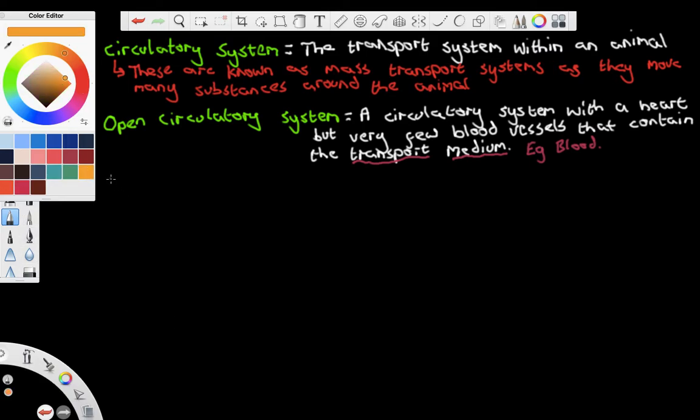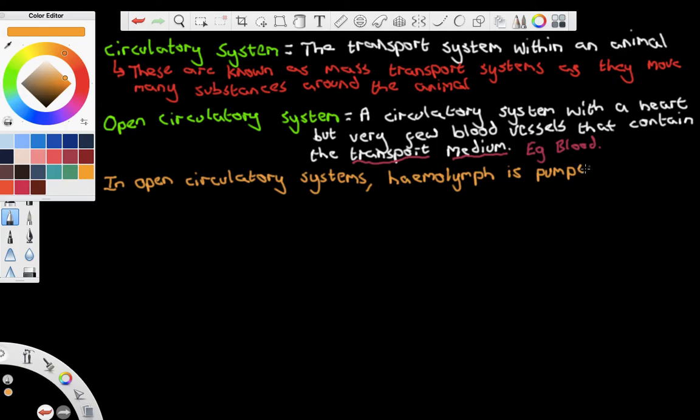So we can say that in open circulatory systems, hemolymph, H-A-E-M-O-L-Y-M-P-H, is pumped from the heart into a haemocoel.